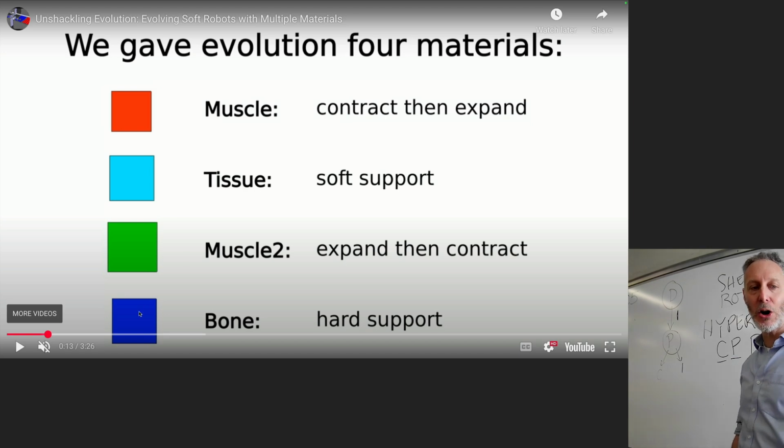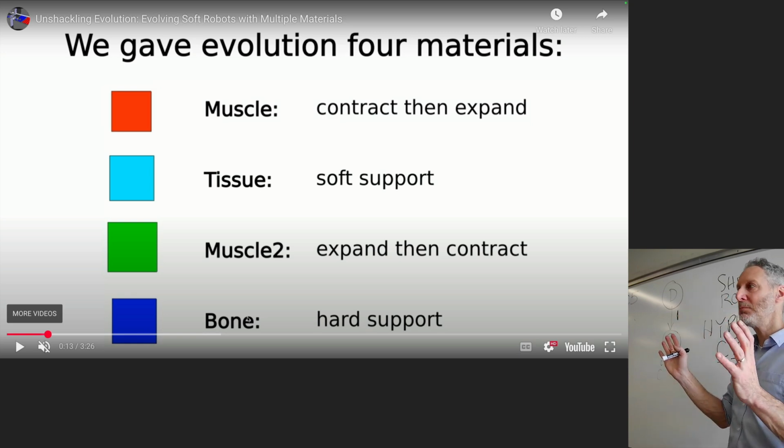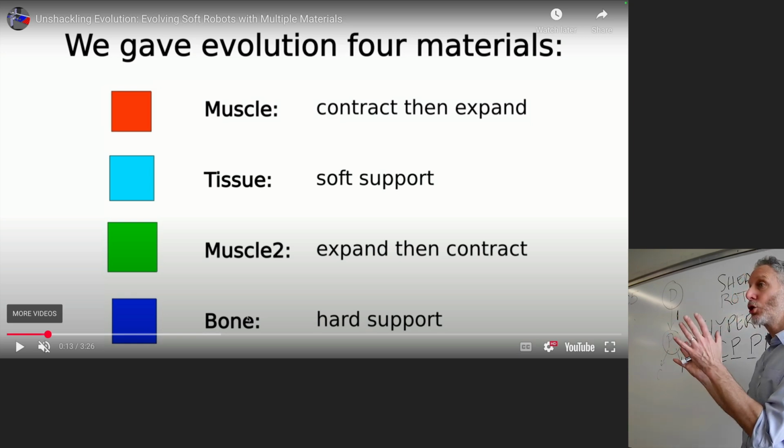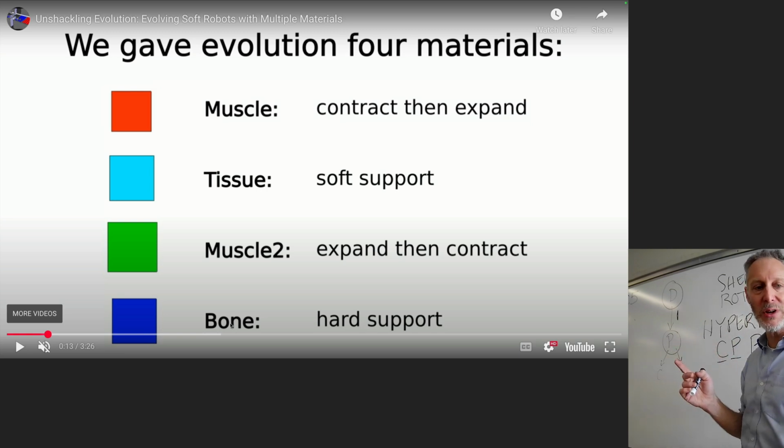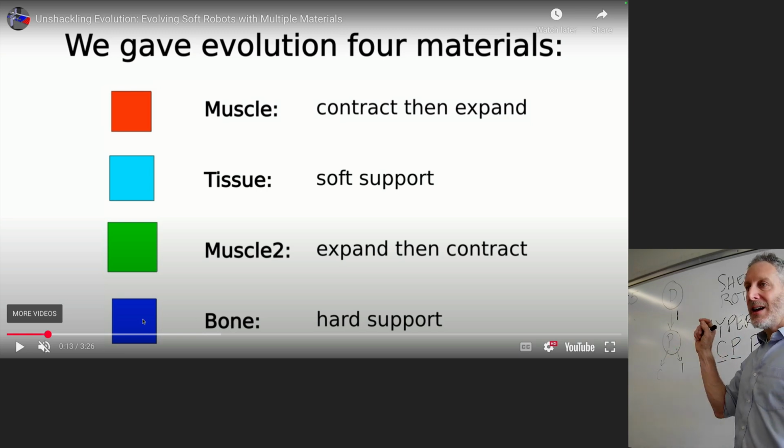Let's talk about the dark blue one. This one is meant to be the soft robot equivalent of bone. I mentioned this before. When we talk about soft robots, we don't literally mean that they're entirely soft. It means that soft robots could be a mixture of soft and rigid components. Here's the rigid components.